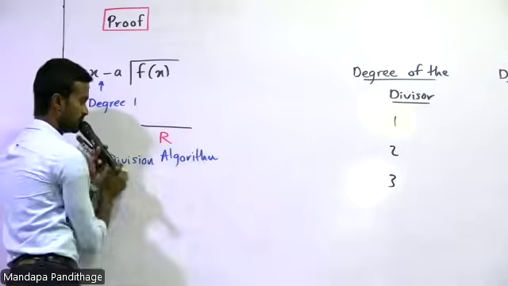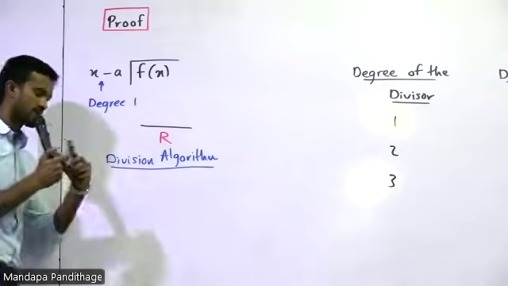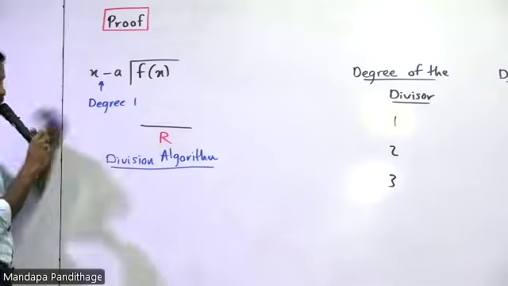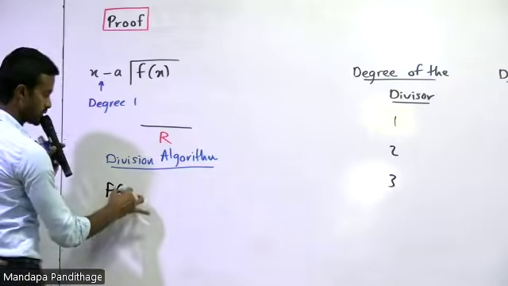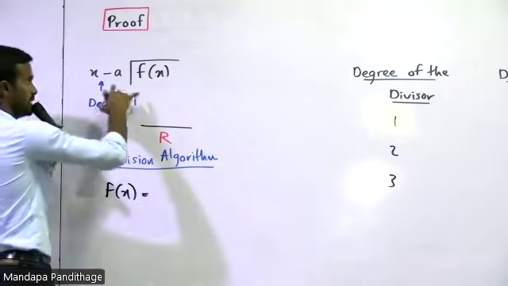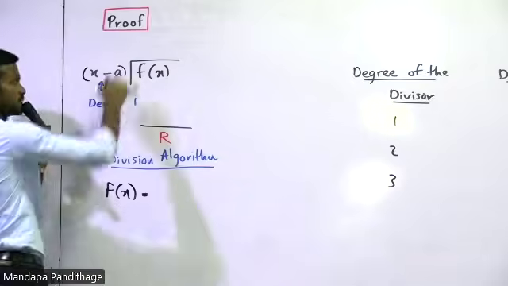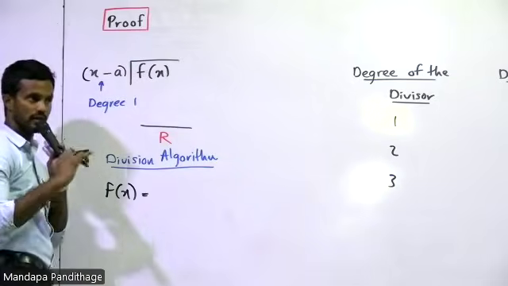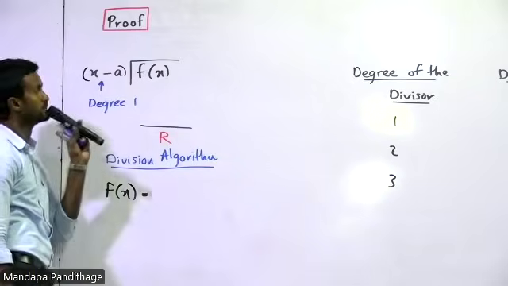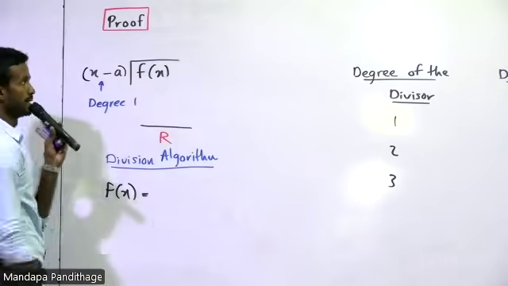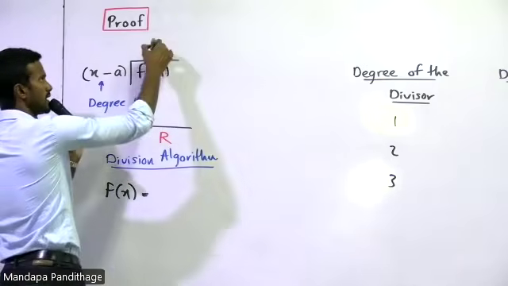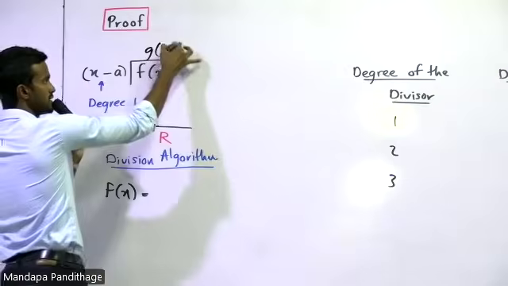But you can't write the division algorithm directly, because the division algorithm is the dividend is equal to the divisor into the quotient, plus the remainder. We can't write it because there is no quotient. So I'm just taking a quotient. I'm taking it as g(x).